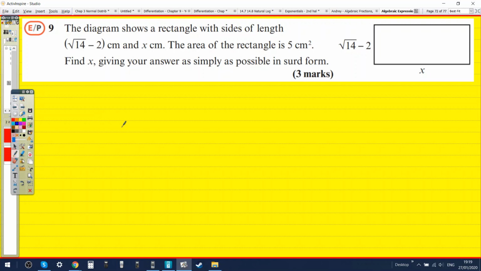Let's do this one. So does that mean that would just be root 14 minus 2 times x equals 5?